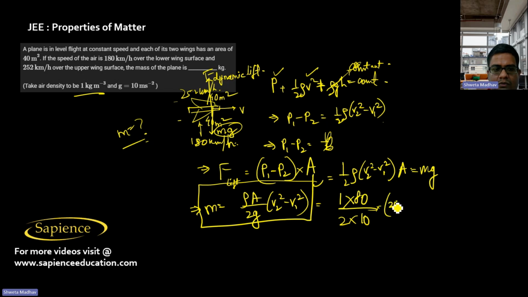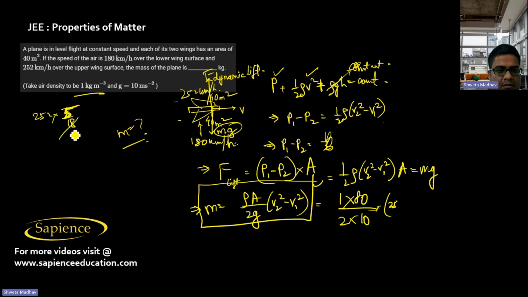it is 252 kilometer per hour. So we have to convert it into meter per second. So this is 252 into 5 by 18. Since when in kilometer per hour, we can convert into meter per second by multiplying it with 5 by 18.